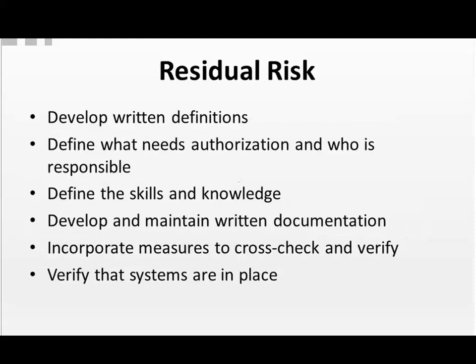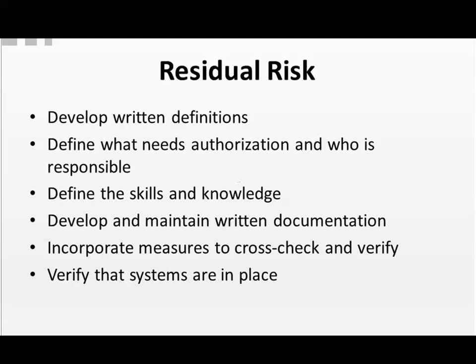Because risk cannot be completely eliminated, this remaining risk must be managed. Once you get to that point, you execute this management by developing written definitions of what needs to be done and how to do it. You need to define responsibilities and accountability. You need to define what needs authorization and who is responsible for handling it.